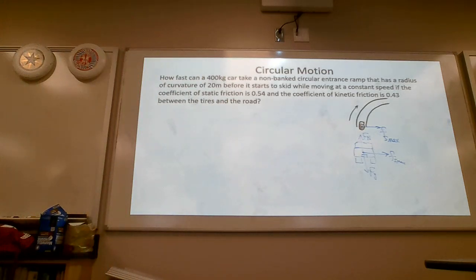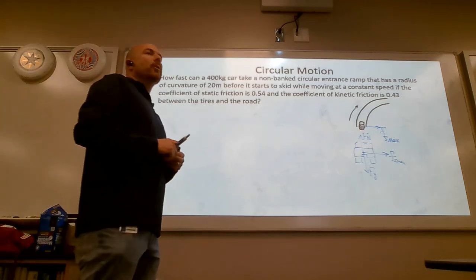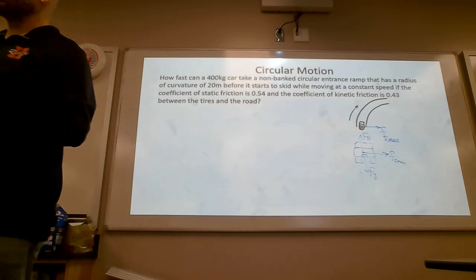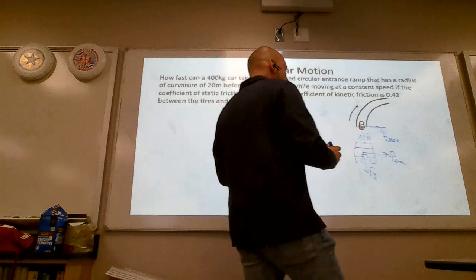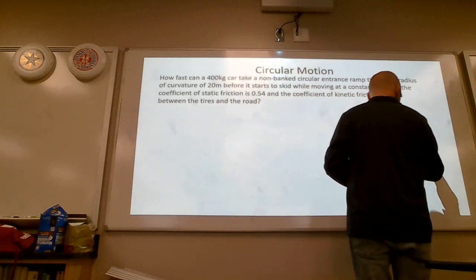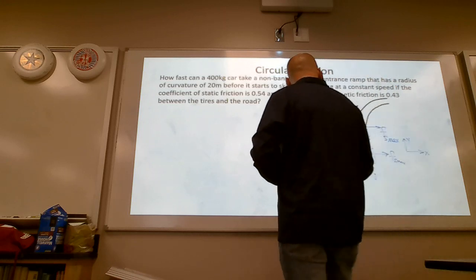Good with that? Step 2 is pick the positive direction. You are always going to make towards the center of the circle positive. So I'm going to make to the right positive X direction and up positive Y direction.